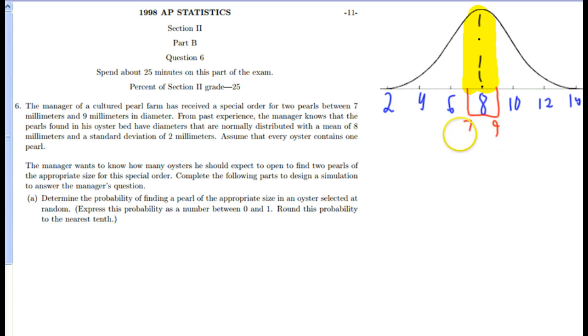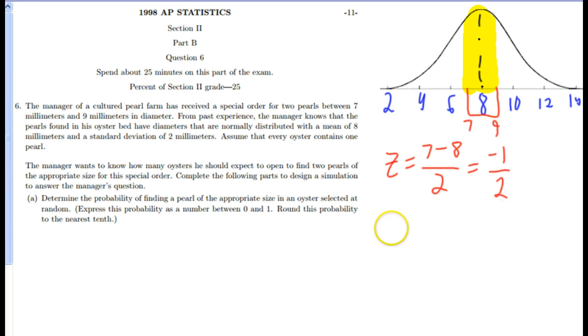Let's do some conversions with this 7 and 9. So remember the z-score. So z is x, which would be 7, minus the mean, which is 8, over the standard deviation, which is 2. So our lower z would be negative 1 over 2.